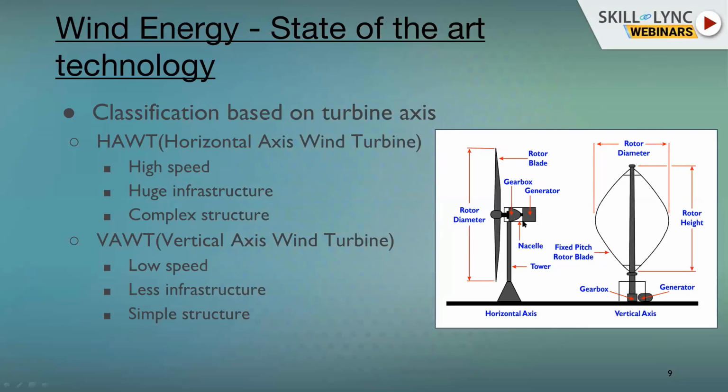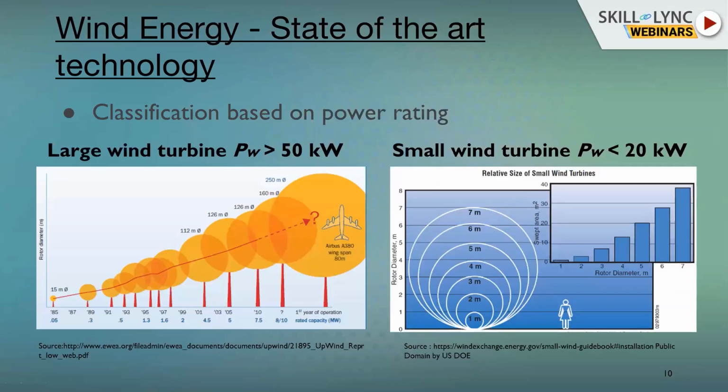That is why most of the wind turbines we use for electric applications are horizontal axis wind turbines, because this inherently has a high speed. So the gearbox structure becomes less complicated, and we can achieve the rotational speed of the generator using a smaller gear ratio.